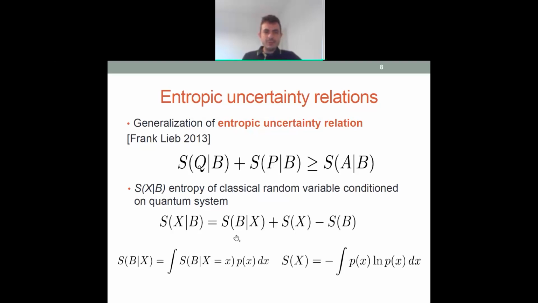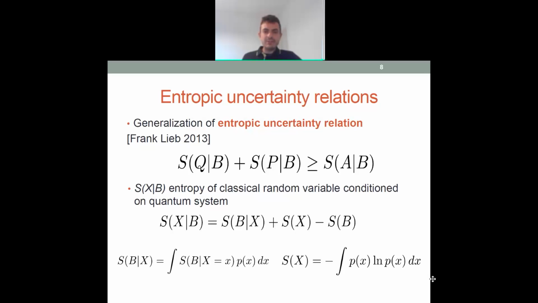So how do we define the entropy of a random variable conditioned on a quantum system? More or less, we reverse the conditioning. In general, the entropy of a random variable X conditioned on a quantum system B, we define it as the entropy of the quantum system B conditioned on the value of X, plus the entropy of X minus the entropy of the quantum system B, where the entropy of a quantum system conditioned on the random variable is equal to the average of the entropy of the quantum system conditioned on the possible values of the random variable.